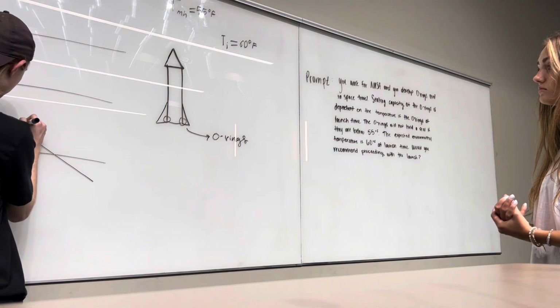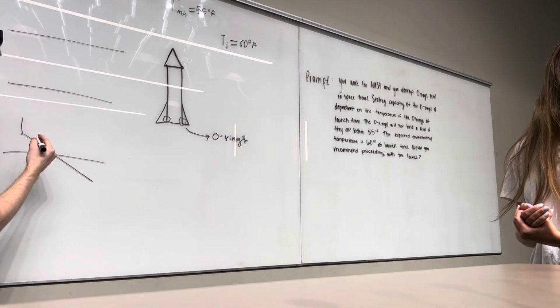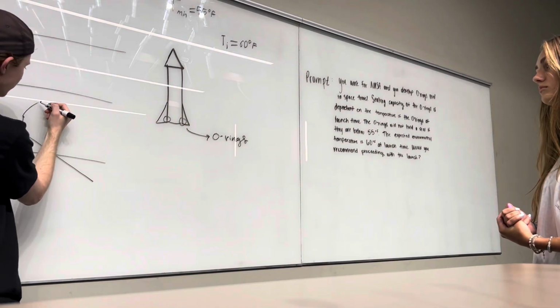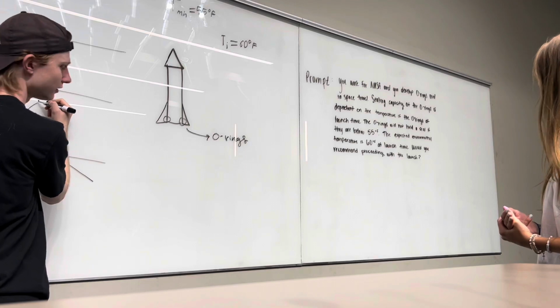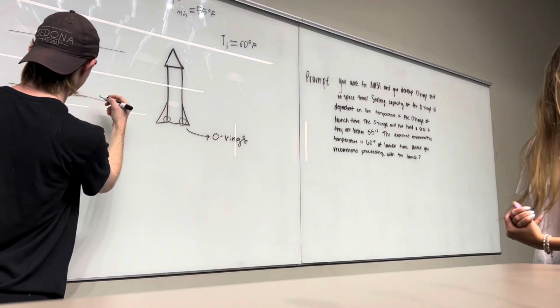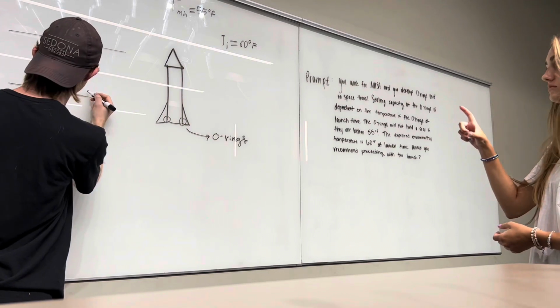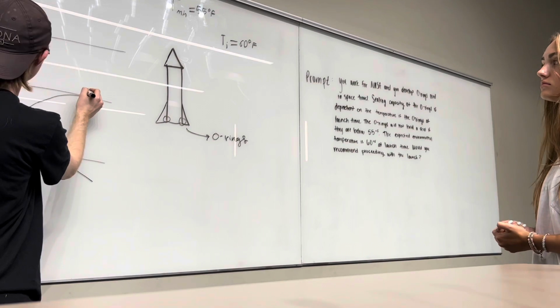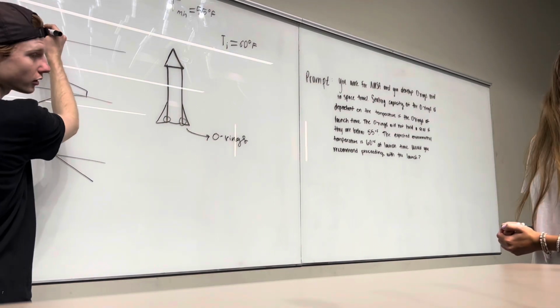And then I'll go a little like that. And then, oh, this is not a great line, but that's okay. It goes almost back to the original, and then goes up a little bit, and then back a little farther.